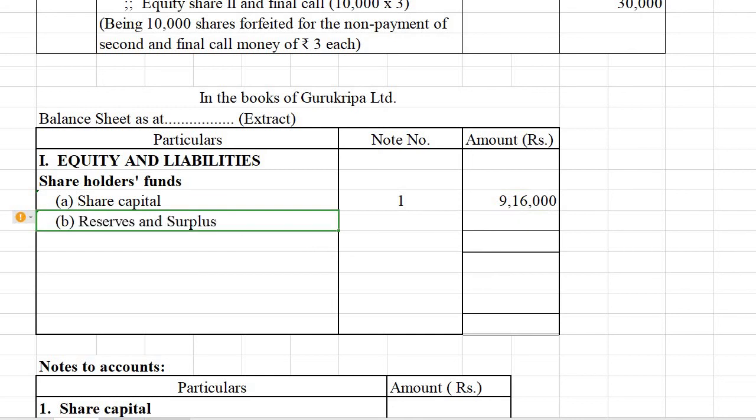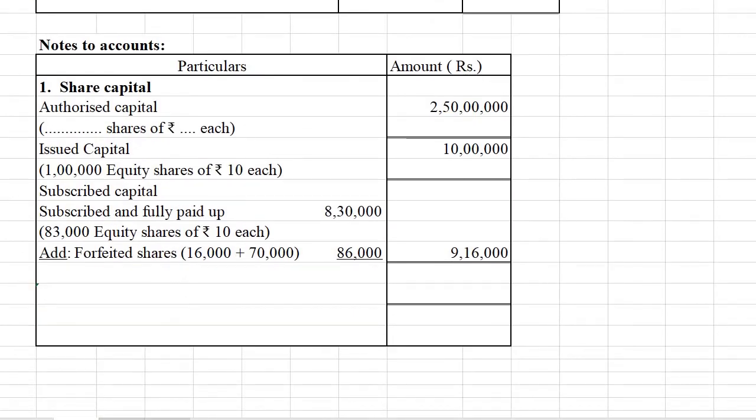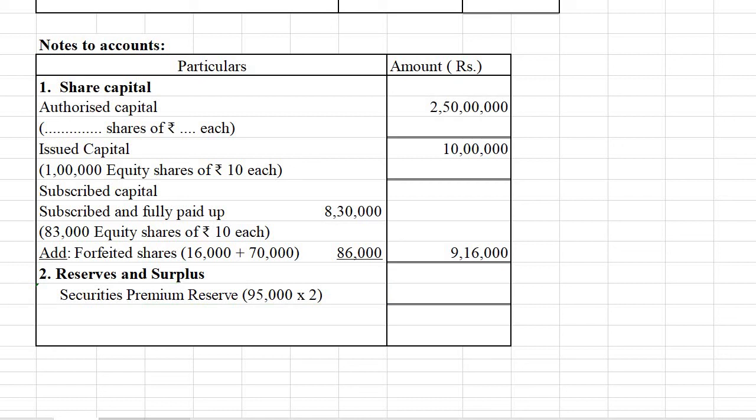In that reserves and surplus we have one item to write. Yes, securities premium account. So that we can write note number 2, reserves and surplus. In that securities premium reserve, we have received premium except 5,000 shares which paid only the application money. So 95,000 into 2, 1,90,000.